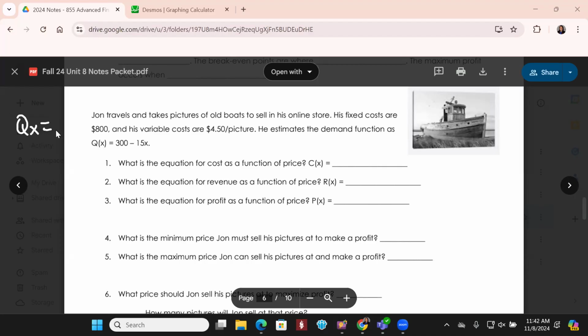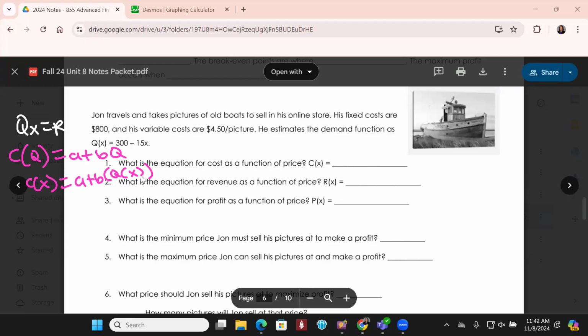Revenue is quantity times your price. And we learned yesterday that C of Q is equal to A plus B times Q. We also learned C of X is equal to A plus B times Q of X, where you plug in what X is, right? Those are the 3 things we learned yesterday. Yes, you'll be given them on your test.